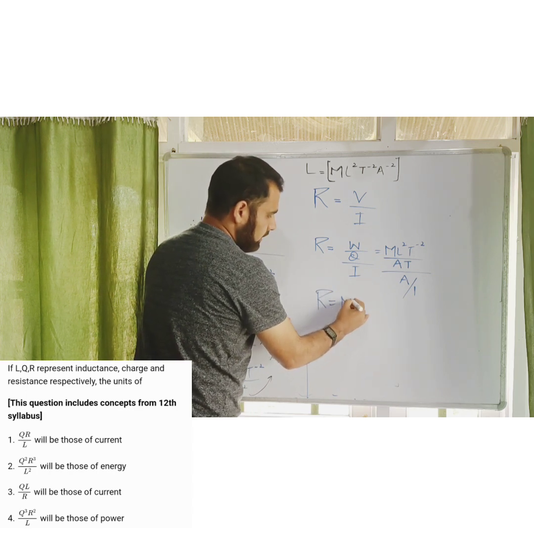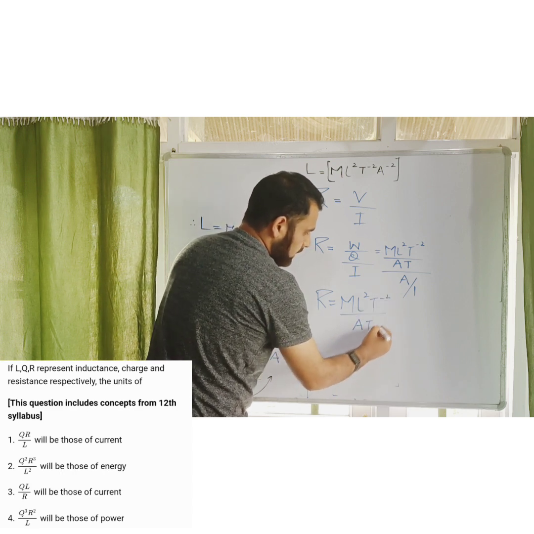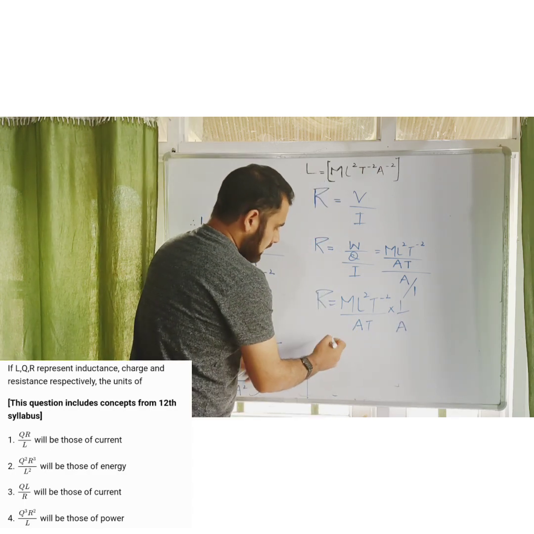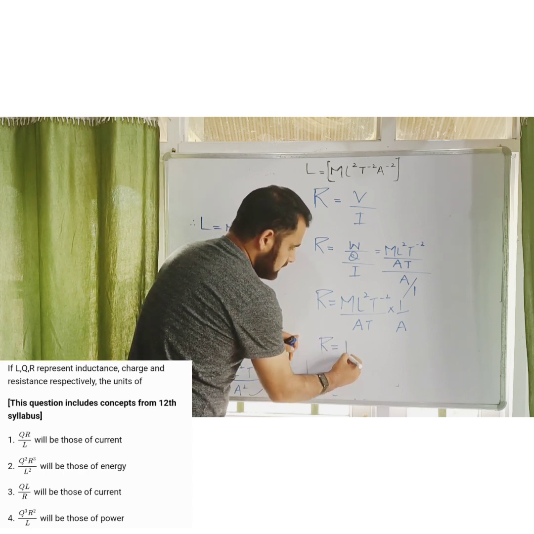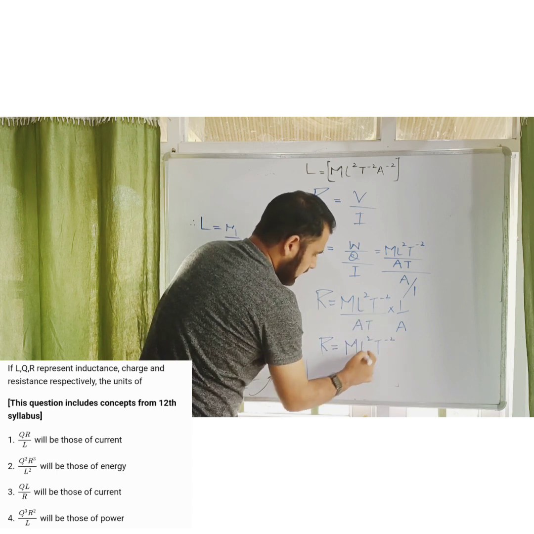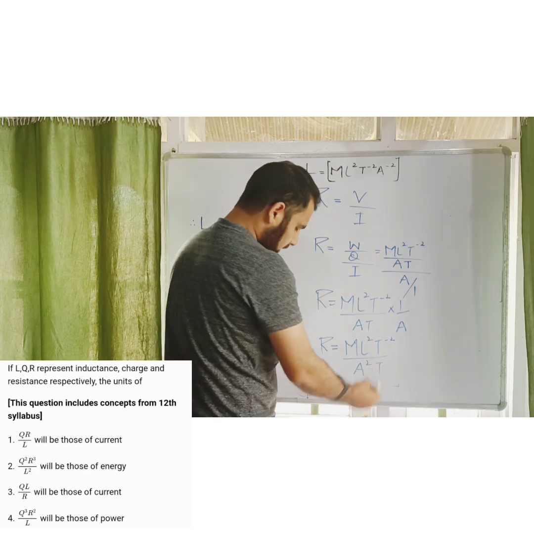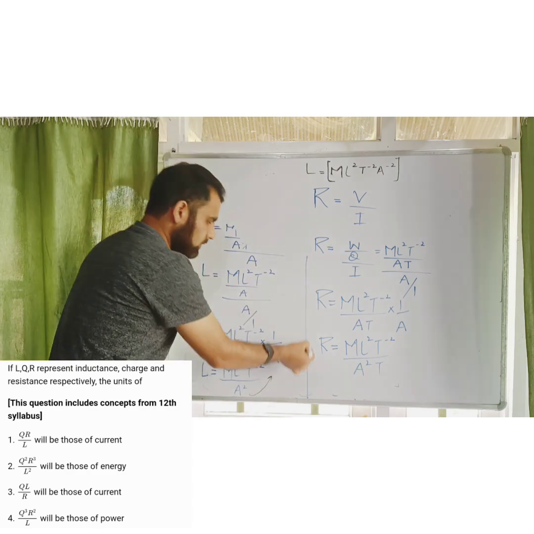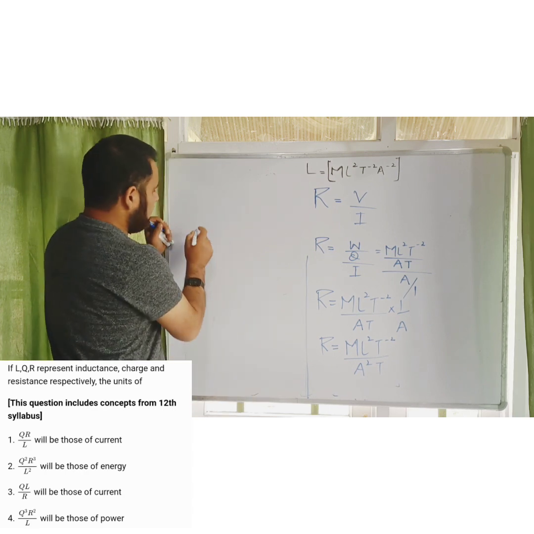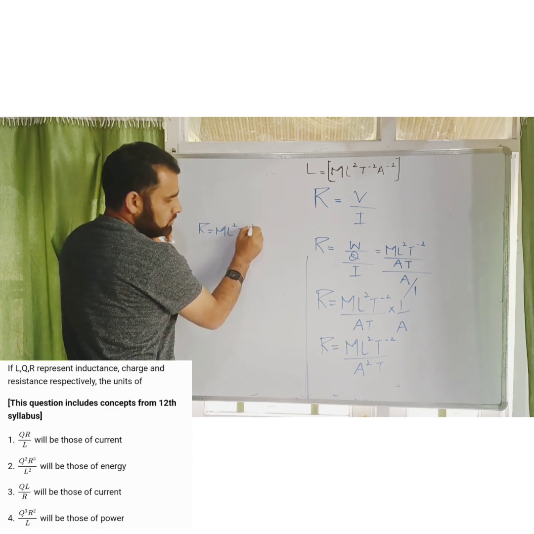So R is here equal to ML²T⁻² divided by AT into 1 by A. Now the dimensional formula of resistance is ML²T⁻² divided by A into A, it is A² into T. Now shifting this denominator to the numerator, the dimensional formula of resistance is ML²T⁻².